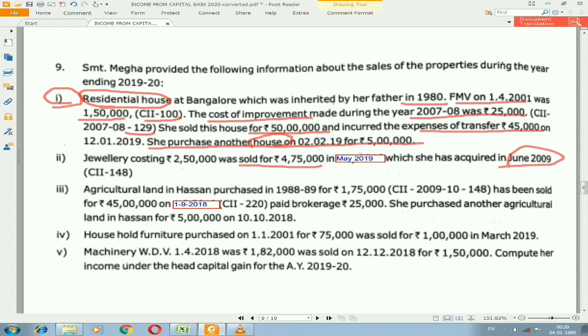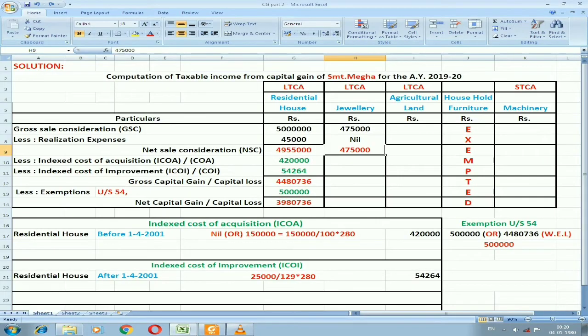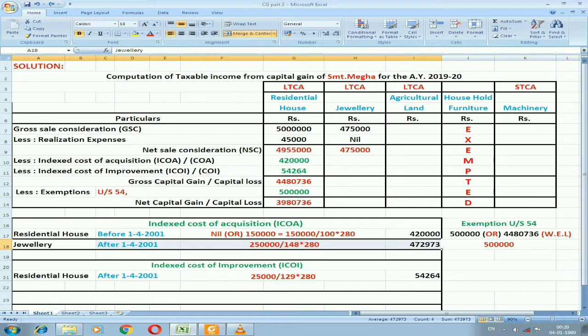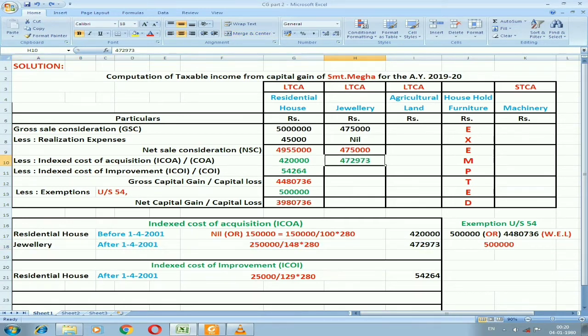For that we need to take the cost of purchase, that is 2,50,000, divided by 148 into 280. As you can see in the working note I have done, you will get an amount of 4,72,973. And we need to check whether we have any improvements. In that illustration we don't have any improvements for jewelry. So total will be 2,027.